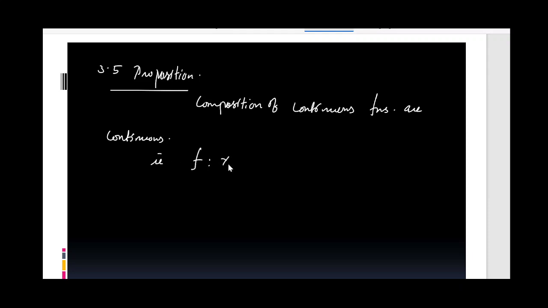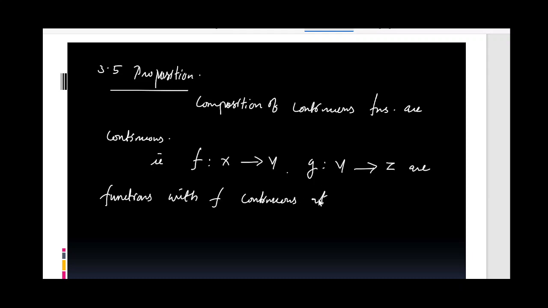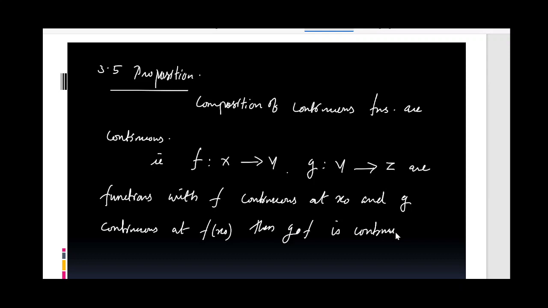That is, f from x to y, comma g from y to z are functions with f continuous at x naught and g continuous at f of x naught, then g composition f is continuous at x naught.